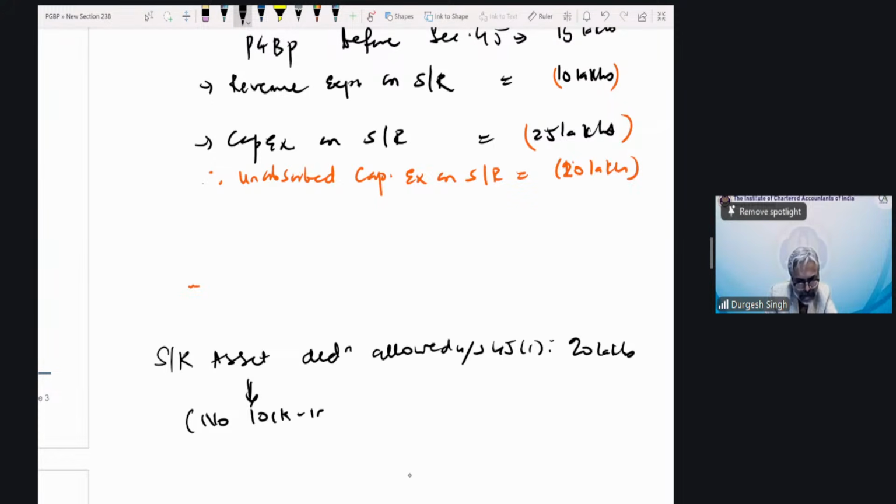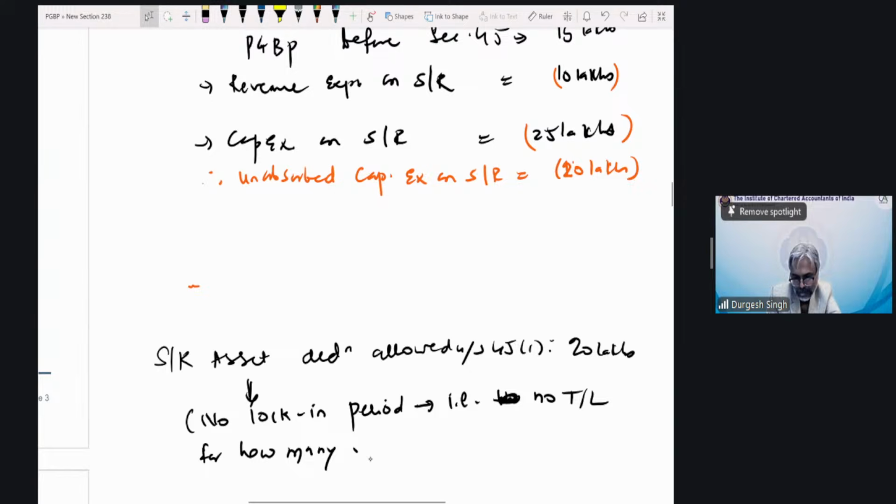No lock-in period. No lock-in period means that is no time limit. For how many years it should be used?